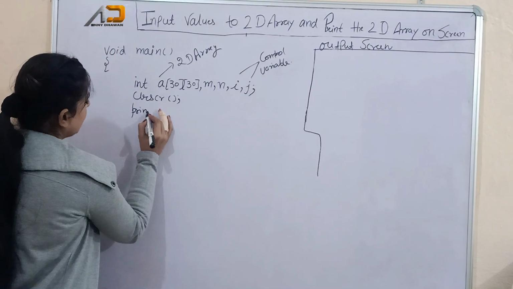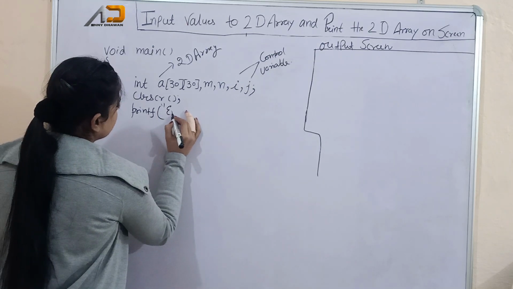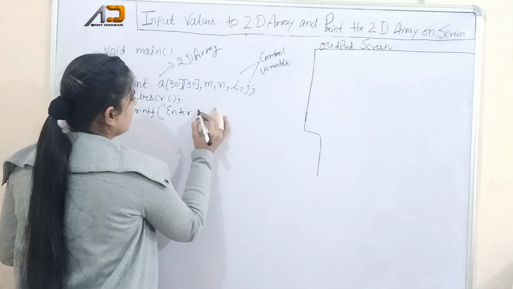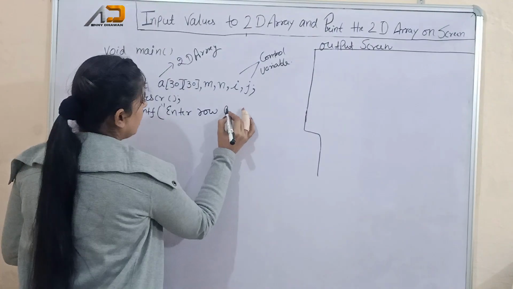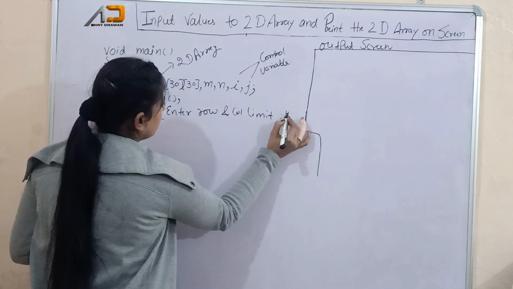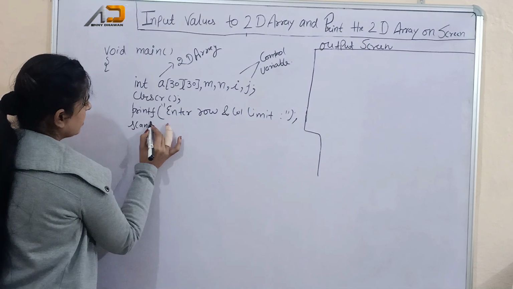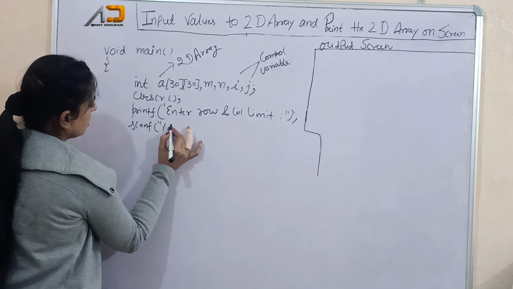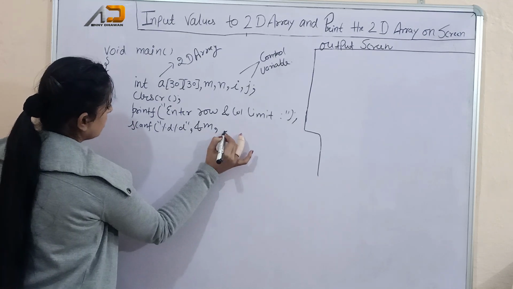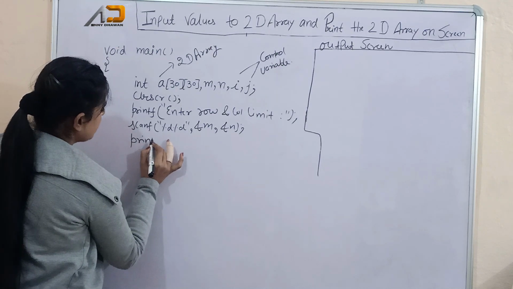I am writing a printf statement here to print this message: Enter row limit and column limit, followed by a scanf statement with %d format, then again a printf statement.